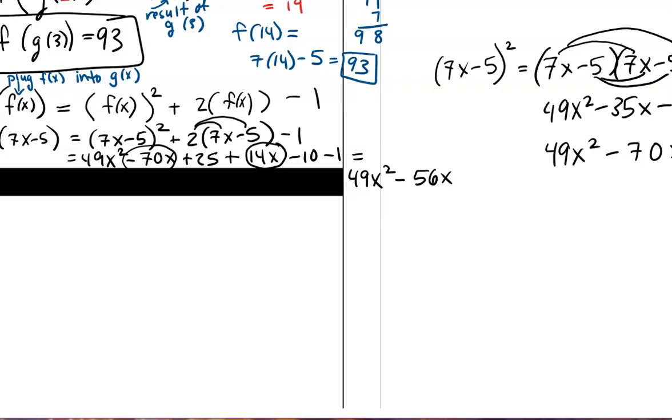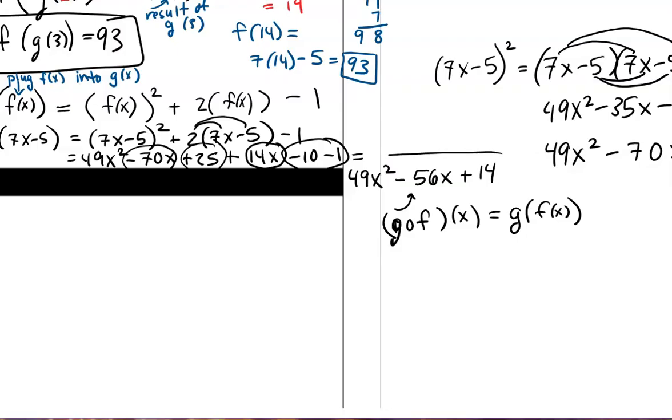And then I would add 25 and negative 11, so that would be plus 14. And that right there would be my g of f of x function. This is the new equation that results when I take the f of x function and plug it into the g of x function. I get a whole brand new function.